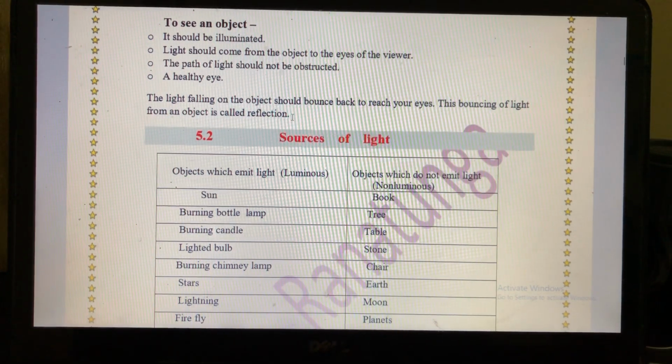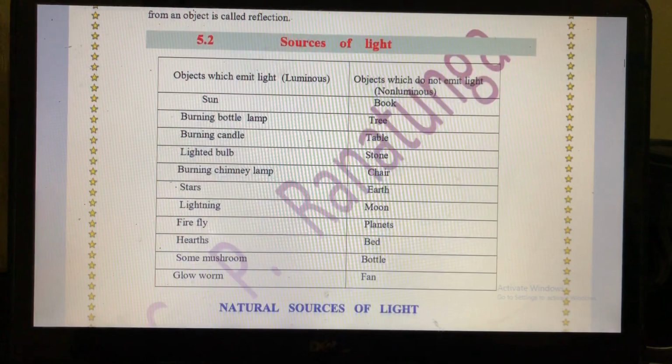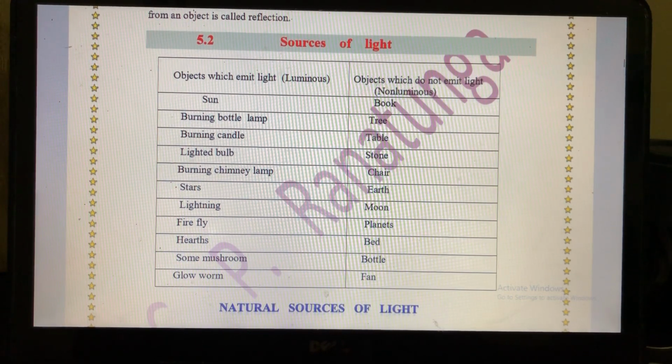Next, we are going to discuss sources of light. Objects which emit light are called luminous objects. Objects which do not emit light are called non-luminous objects.